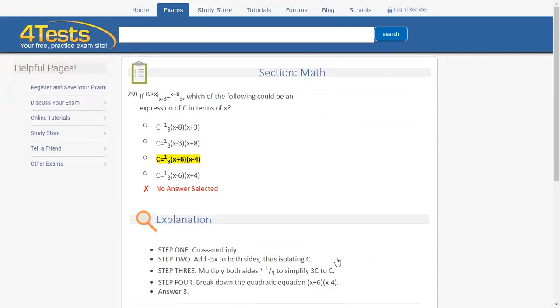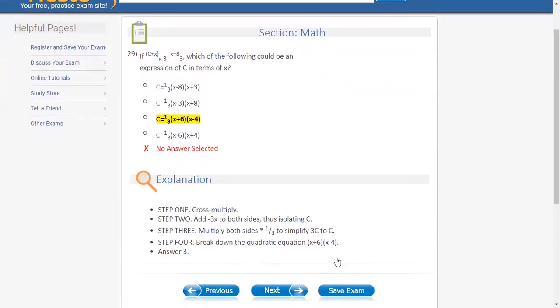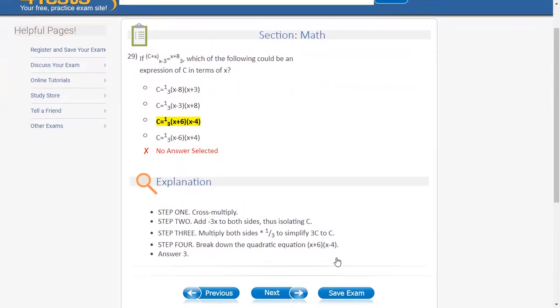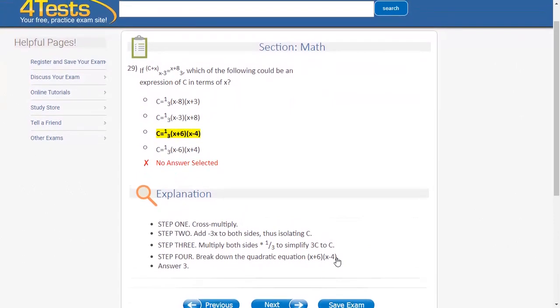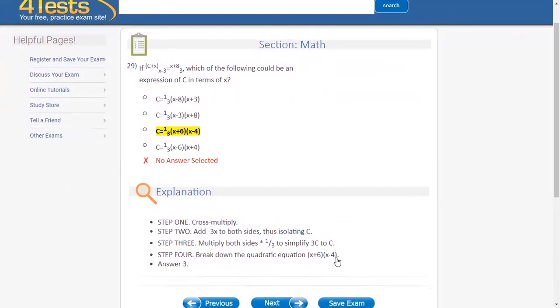So this one, no answer selected. This expression is in terms of this. The answer is in this way. Now look at this. Step 1, cross multiply. That's why I am saying that this is the division, and you might have written that there.